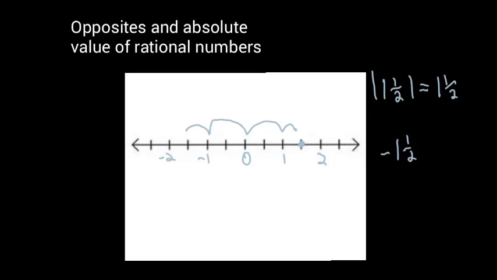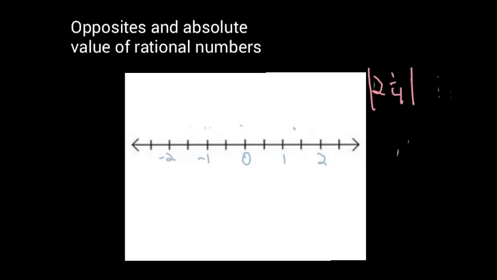So let's do another example. So let's say I have the number negative 2 1/4. Now remember, I set up my number line in half, so 2 1/4 is not going to be on a line on my number line.